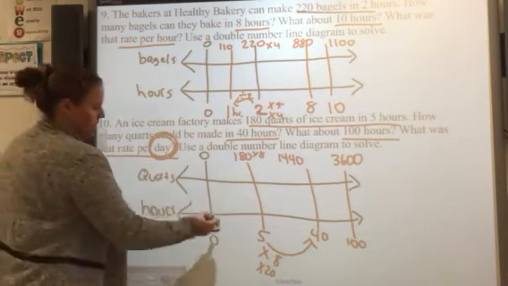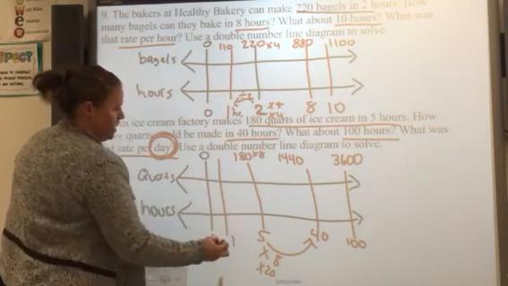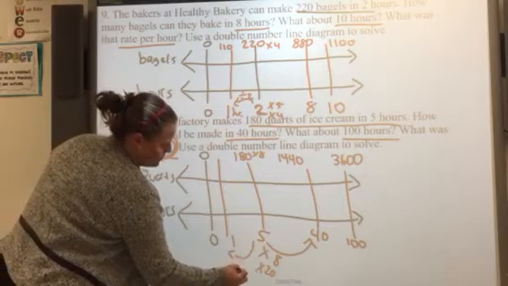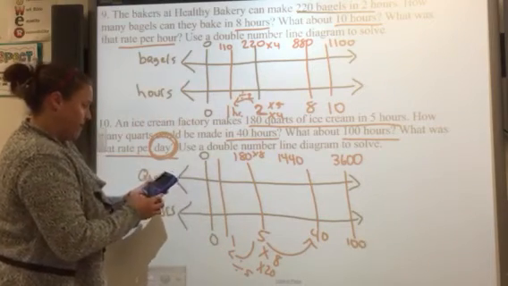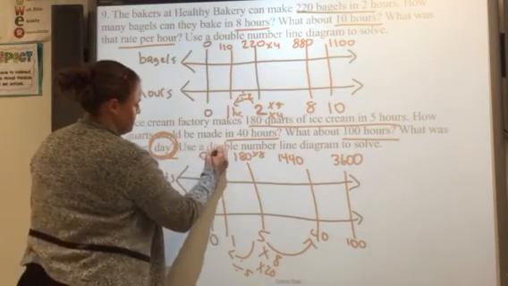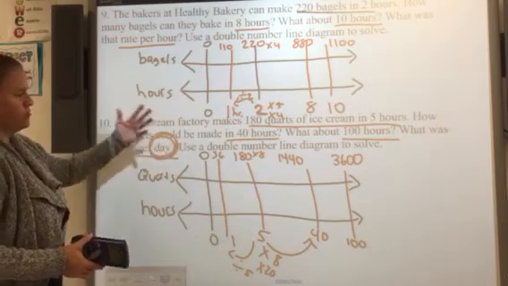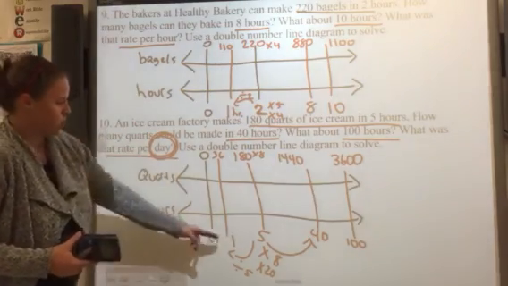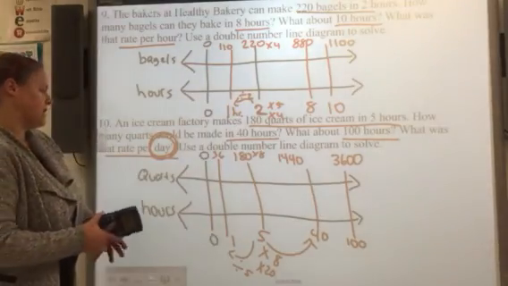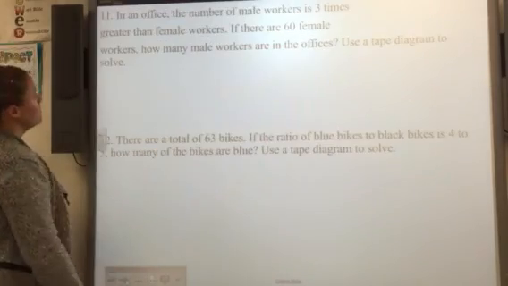I apologize. So in 1 hour, I'm going to divide by 5, and then 180 divided by 5 is 36. You could say 24 hours is a day, but that's a typo. I'll fix that for next time. So 1 hour will give us 36 quarts of ice cream. Number 11.